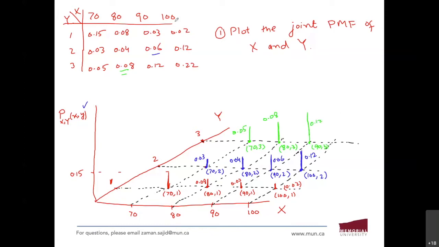And x is equal to 100 and y is equal to 3. This is the point where we have 100 and 3. And the value is 0.22. So this is what we call the joint PMF of x and y plot.